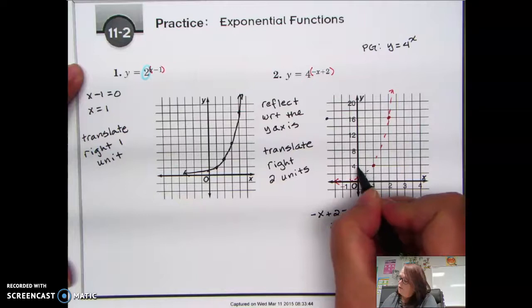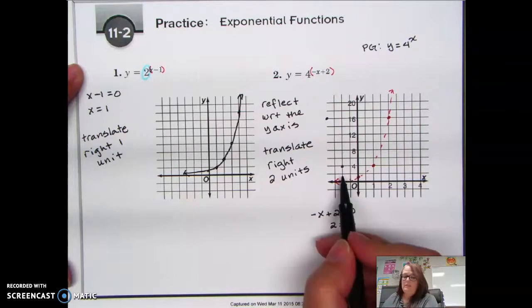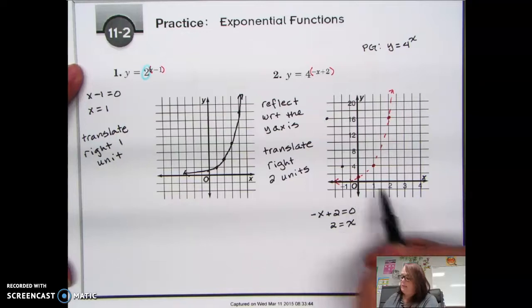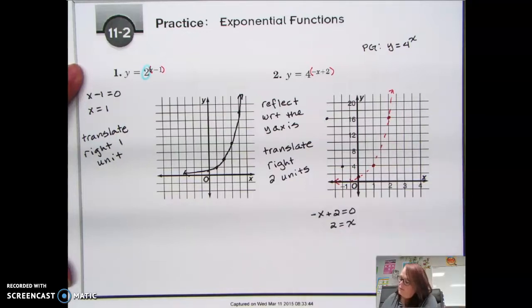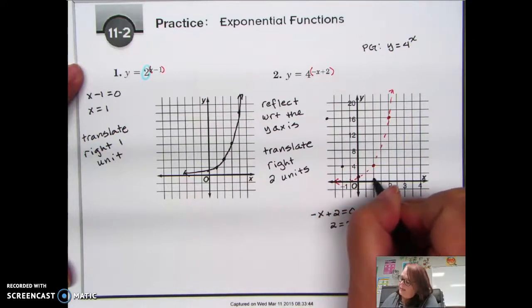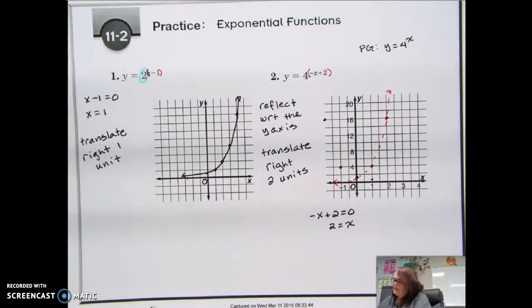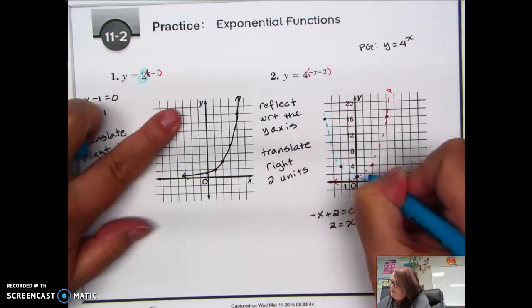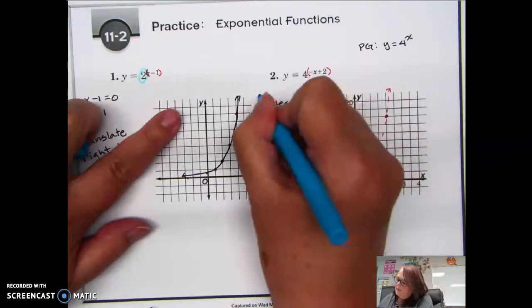And then 2 grids to the right is 2 grids to the left here. And I'm not saying 2 units because it's really 1 unit. And then the point on the y-axis would stay the same. And then at negative 1, we would still be at negative 1/4. And so let me just do that in this blue color here. So this is everything here.